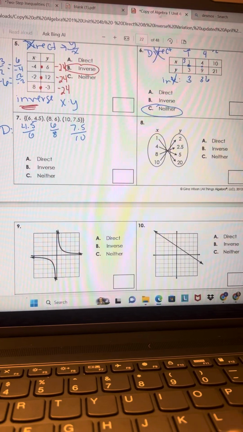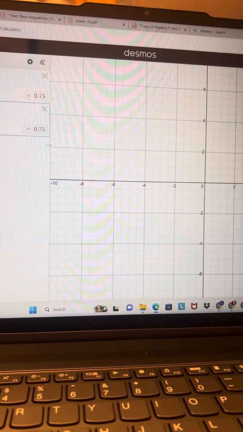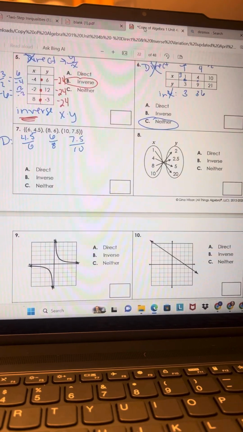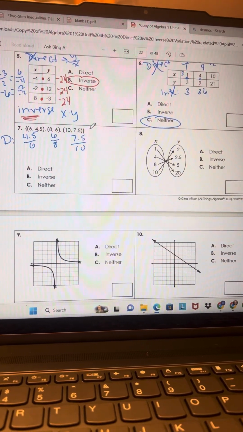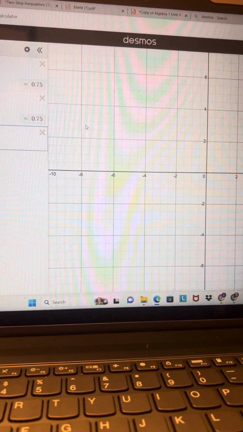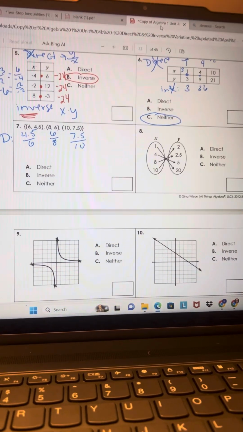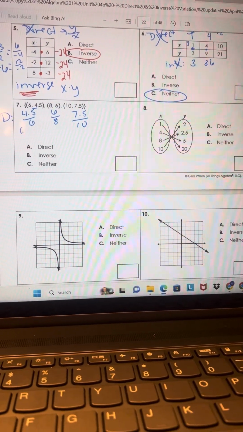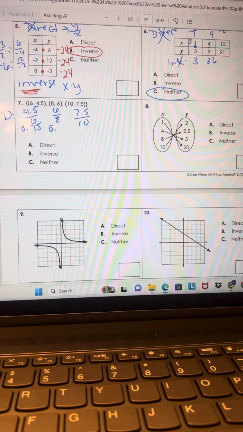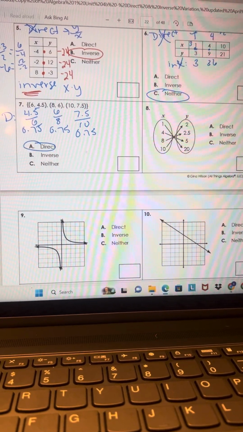And then 6 divided by 8 is 0.75. And then lastly, 7.5 divided by 10. So since when we divide, we get 0.75 for all of these, that lets me know that that is direct variation.